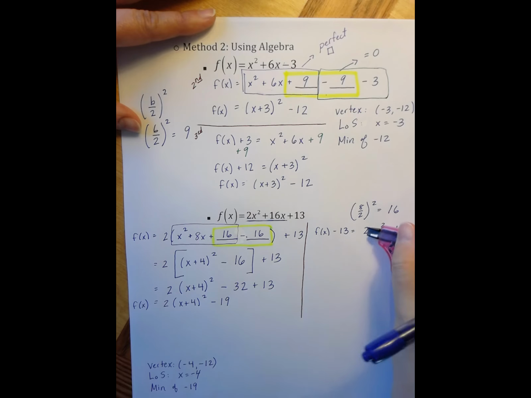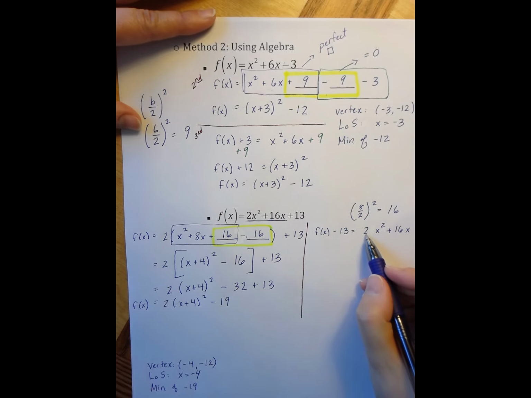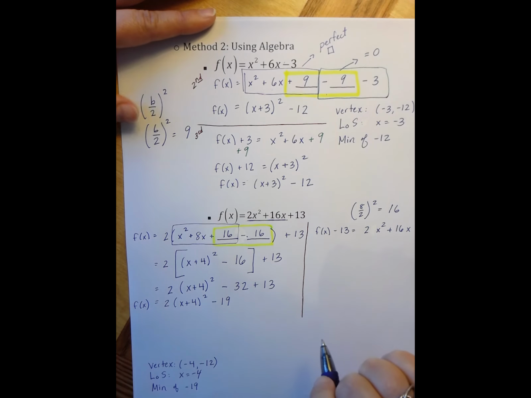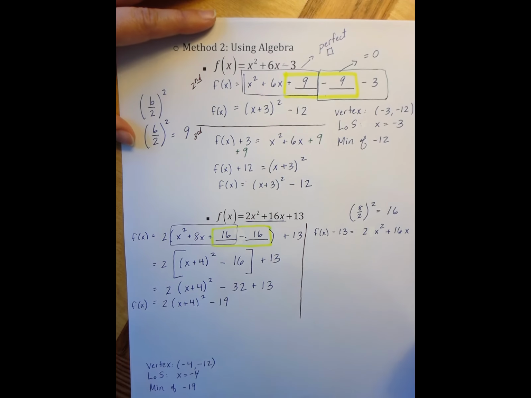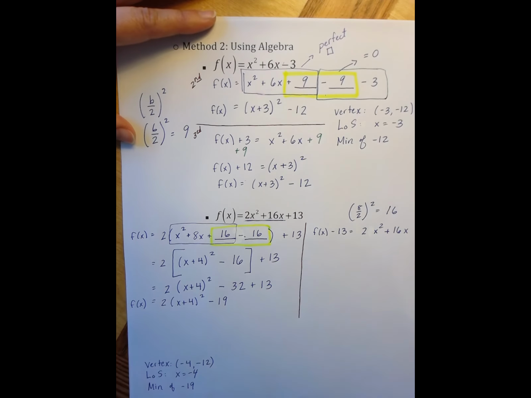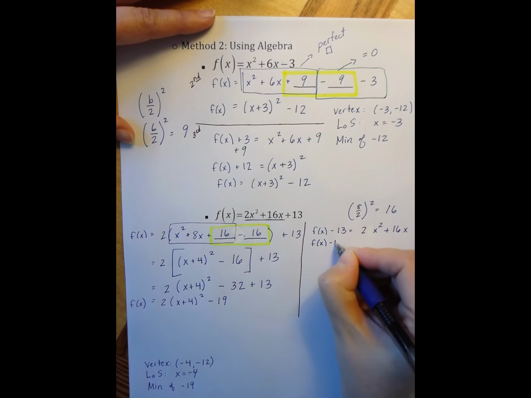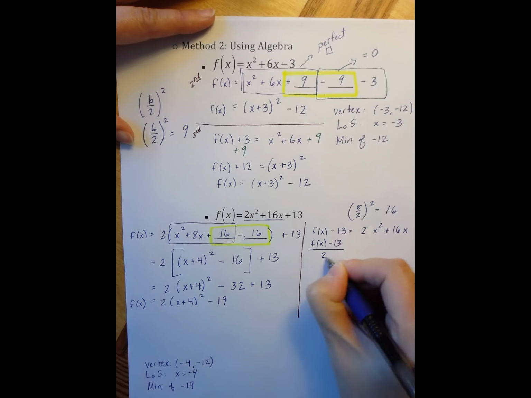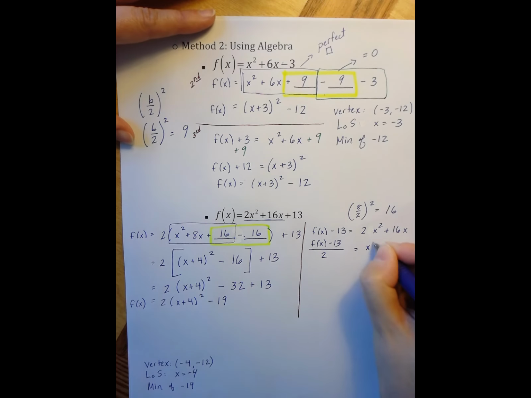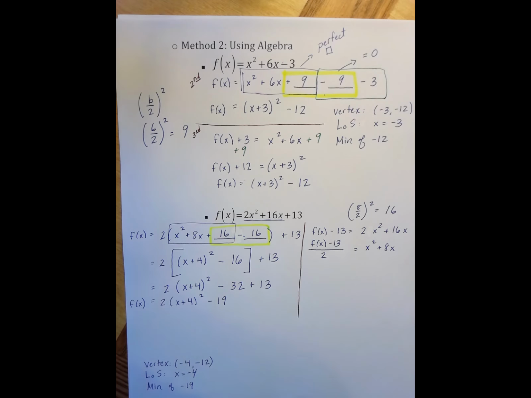And then, similar to what I did above, but it's a little more complicated because I have this 2 in front of the x squared, I'm going to get rid of that 2, which means I'm going to divide everything on both sides of the equation by 2. So I'm going to have my f of x minus 13 divided by 2 equals x squared plus 8x.